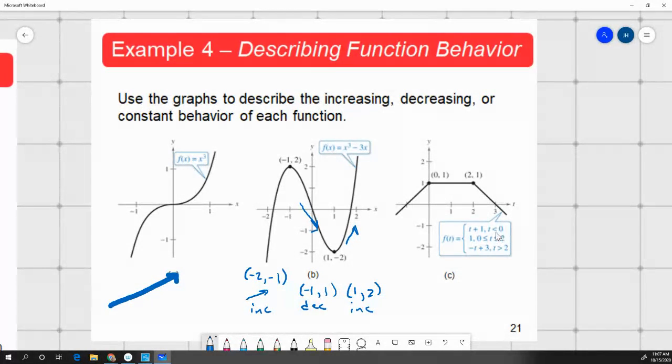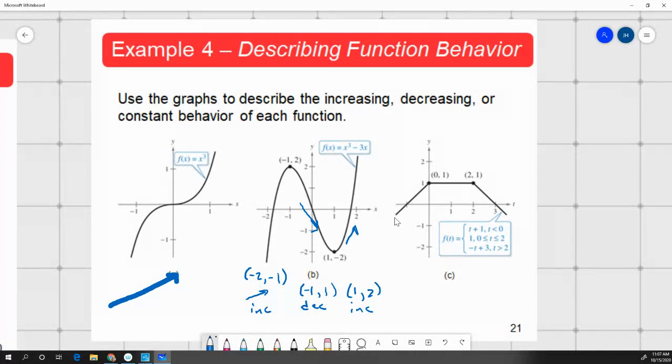Here, t is our input variable, so it would be kind of our x. It's what's running along this axis right here. You can see there's a t. Where t is less than 0, we are increasing because we're reading from left to right.